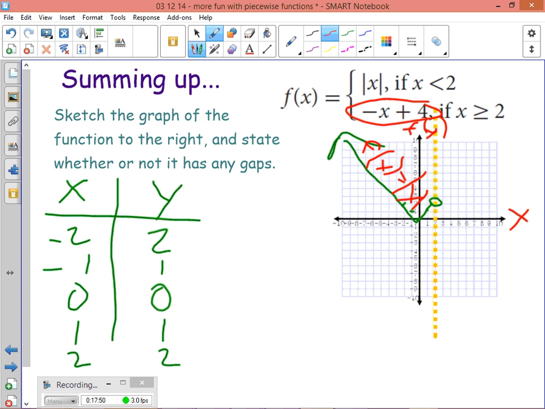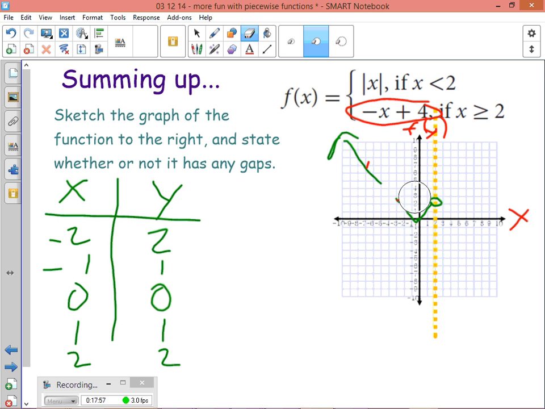And I will just, okay, I'm going to erase this because it's actually in my way here to show you guys what I'm doing here. So I'm going to erase that, but you can leave it on yours, I'm guessing. Okay, I know my y-intercept is 4 right here, and my slope is -1, which means I go down 1, over 1, down 1, over 1, down 1, over 1.